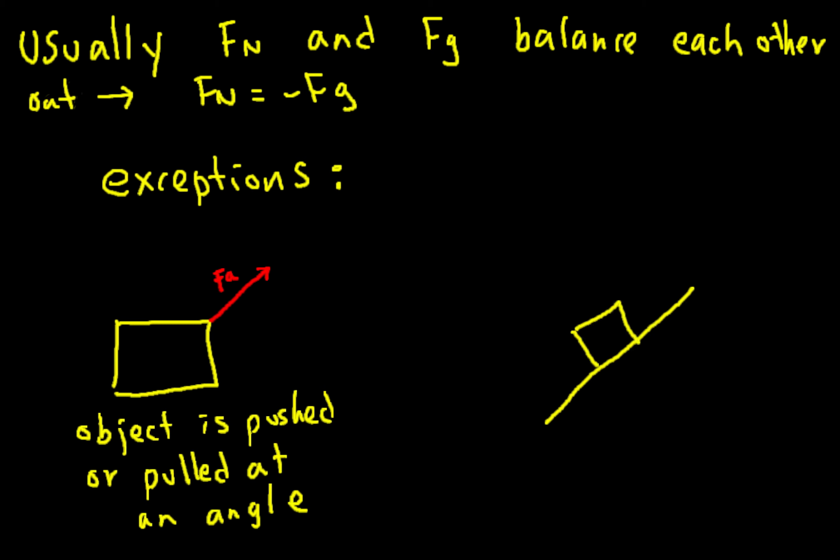The second time when normal force does not just equal gravity is when an object is on an inclined plane. In this case, the normal force and force of gravity are at angles to each other, so they can't be perfectly equal. We'll look at inclined plane in the next lesson, but for this lesson, let's look at an example where the applied force is at an angle.